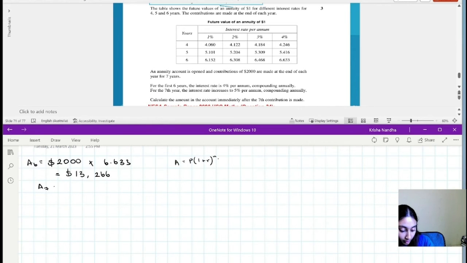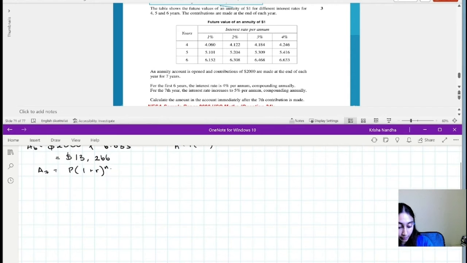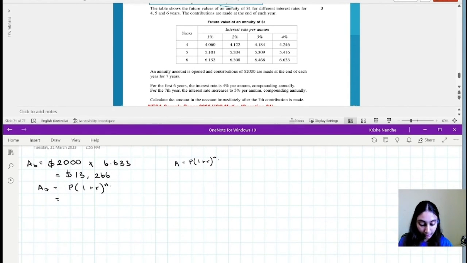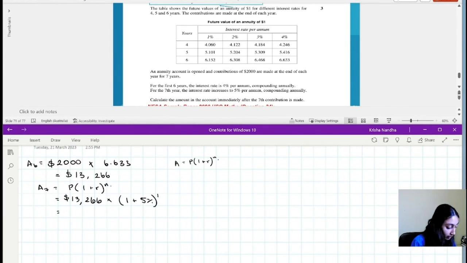A7 will be our P times (1 plus R) to the power of N. In this case, P is going to be A6, whatever we have as our final amount using our table. So it'll be 13,226 times 1 plus 5% because we're compounding annually, to the power of 1, which will be times 1.05.